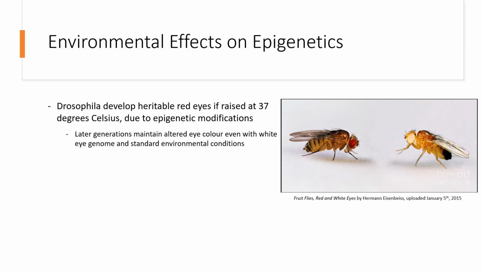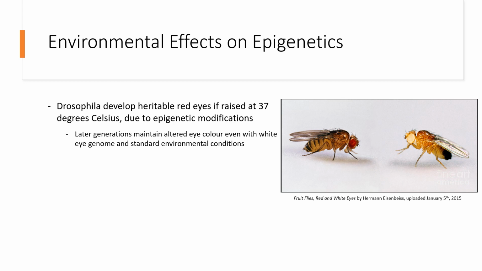These flies were from pure breeding white eye lines. That is to say, their genotype would normally have developed into white-eyed flies. However, with the right environmental interactions, in this case a raised temperature during development, this genotype was switched to a developmental pathway resulting in the exhibition of red eyes.